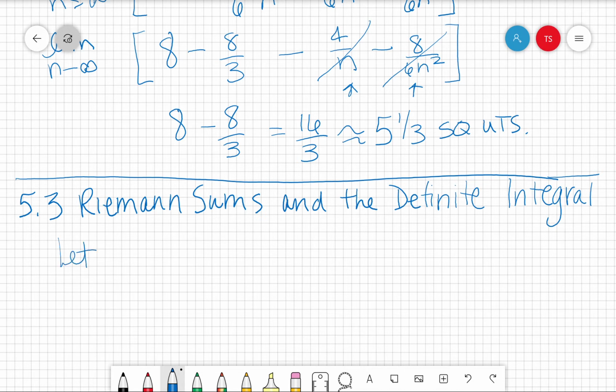We'll let f be defined on the closed interval [a, b].